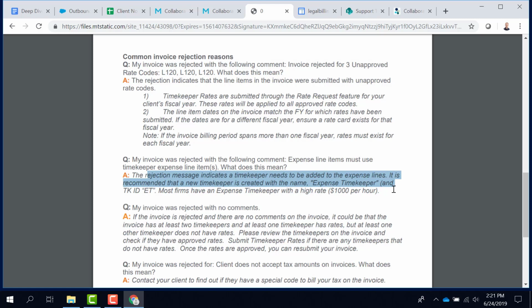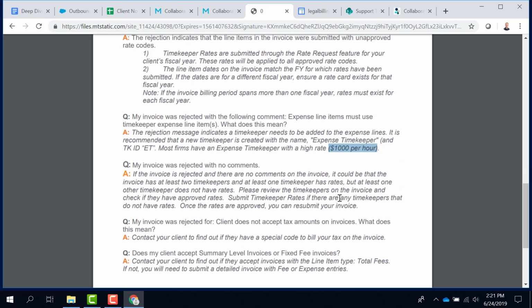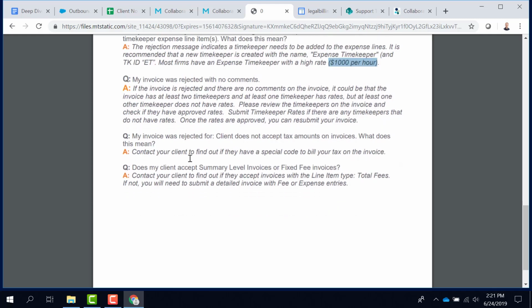It's recommended that a new timekeeper is created with the name expense timekeeper and the timekeeper ID of ET. Most firms have an expense timekeeper with a high rate, such as $1,000 per hour. That would cover most of the expenses. And then a few minor issues too.